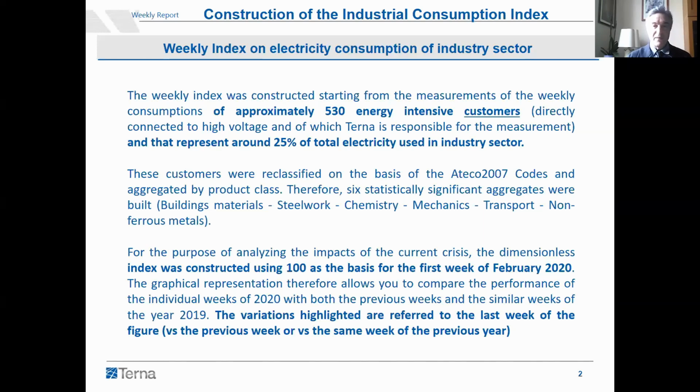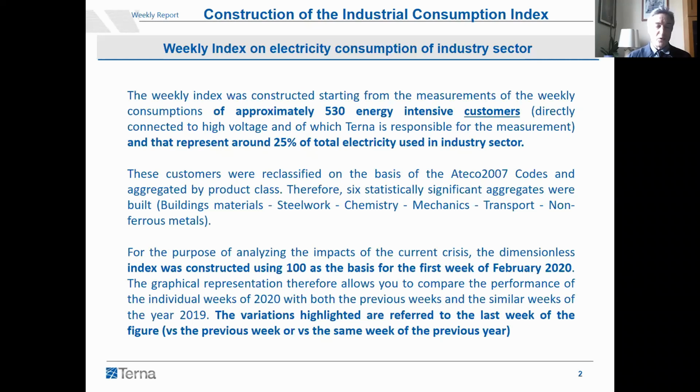So we reclassified this industry and aggregated by the ATECO code, and we elaborated the data for the 6 statistically more significant aggregates. That was buildings materials, steel, chemistry, mechanics, transport, and non-ferrous metals.